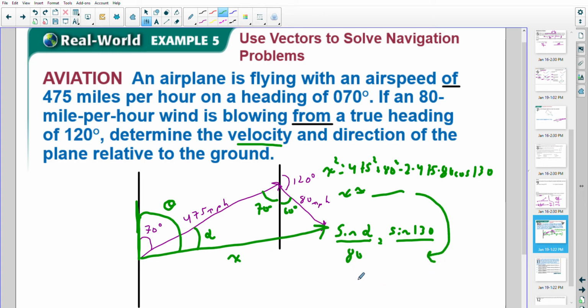And then you would multiply by 80 on both sides and solve for alpha, and therefore you would get an alpha eventually. And with that alpha, then what you have to do is add in 70 to get your theta. So theta is going to be approximately your alpha plus 70, and that's going to be a heading of that, which means from due north, you could say.